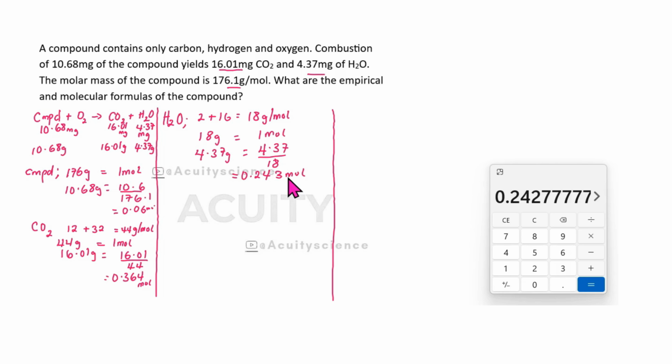Now we have our mole ratio. Our compound plus oxygen, which is combustion, yielded carbon dioxide and water.